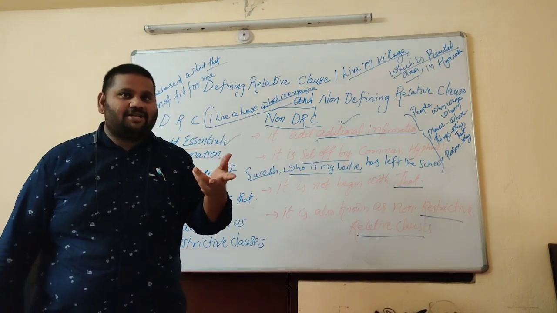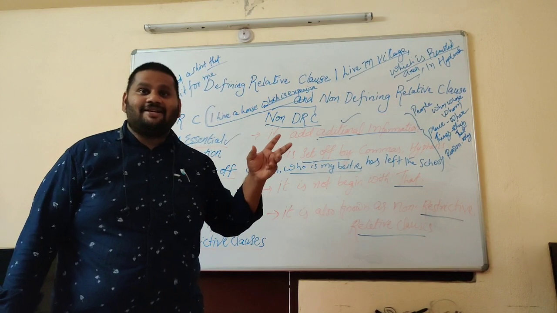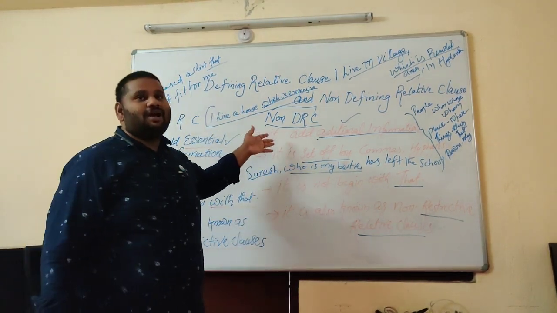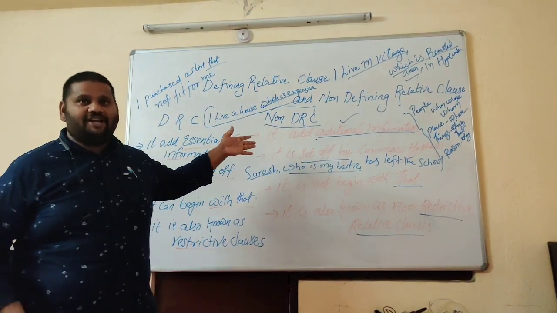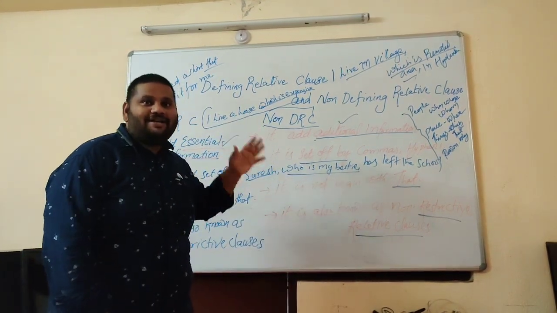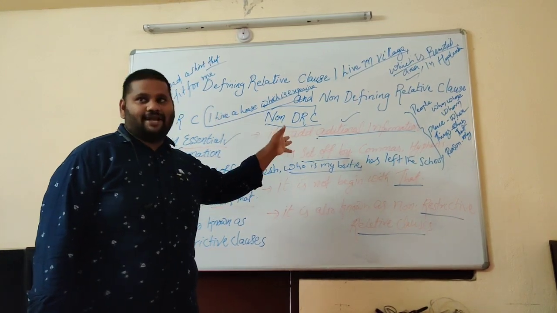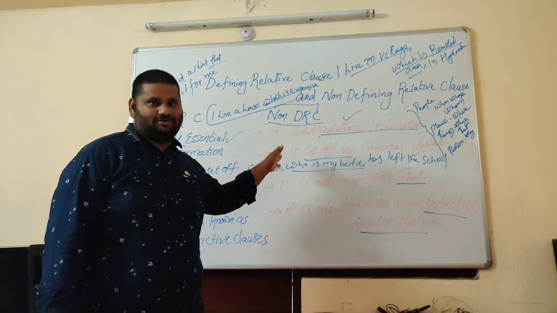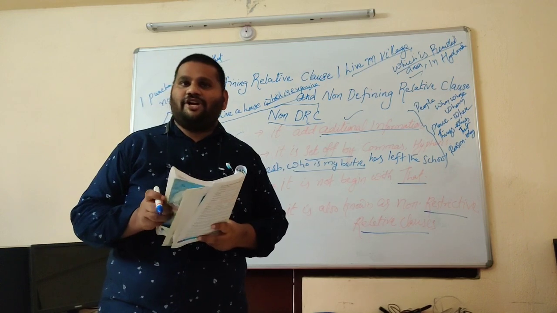Is that essential or additional information? Yes, it is additional information. It tells about the train, when it arrived, what happened to that train: it was late by 2 hours. So adding 2 hours late, it is known as a non-defining relative clause. So this is the exercise we have in the first unit grammar, students.